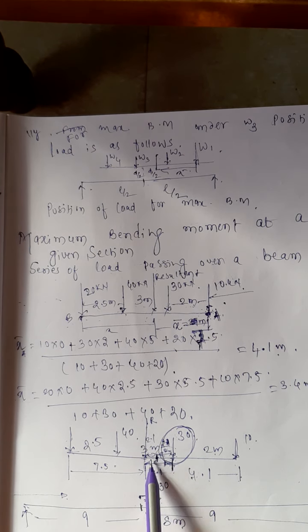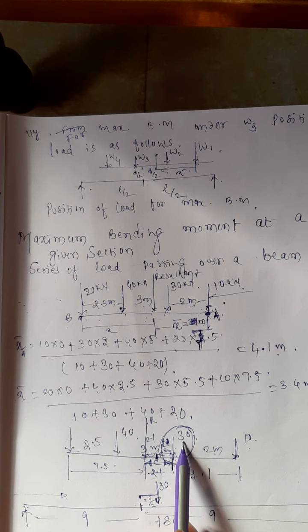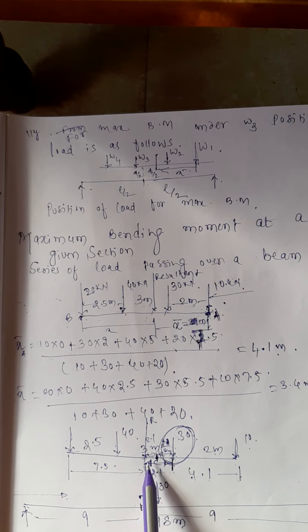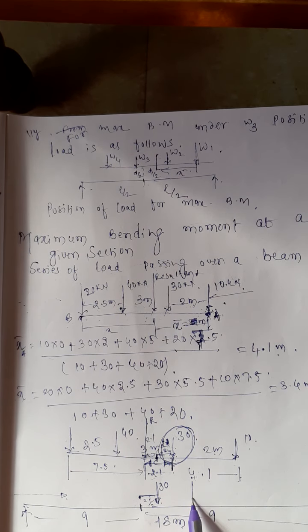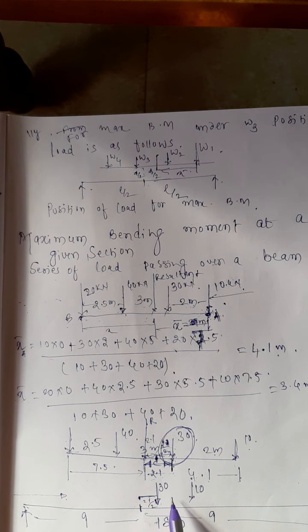From the position of the resultant you calculate the center point between the load at which you want the bending moment and the resultant, midway between these 2 points. Total is 2.1, so the midpoint is 2.1 by 2. So keep the rest of the loads in position. This is the 30 kilonewton load position. The next load is at a distance of 2 meter.